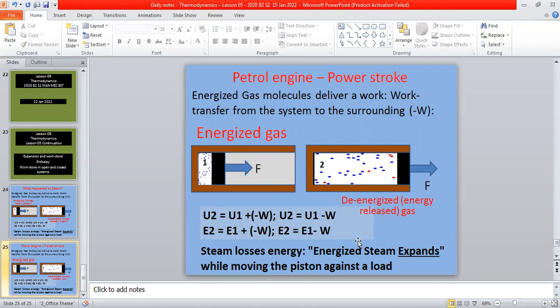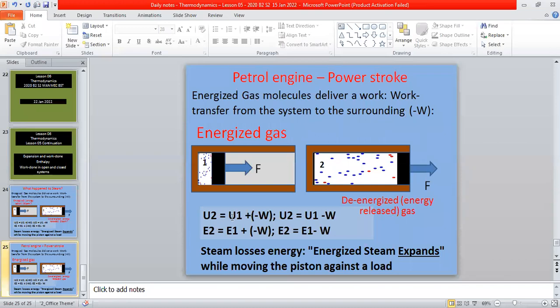The same applies: energized gas molecules deliver work, meaning work transfer from the system to the outside, which is the surroundings. So from the system, work is delivered.